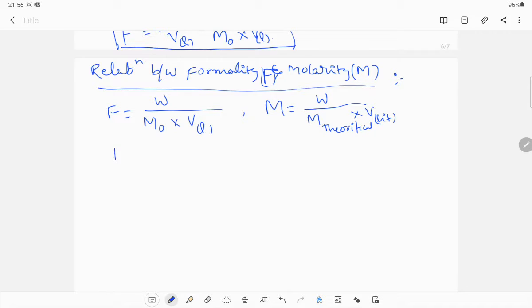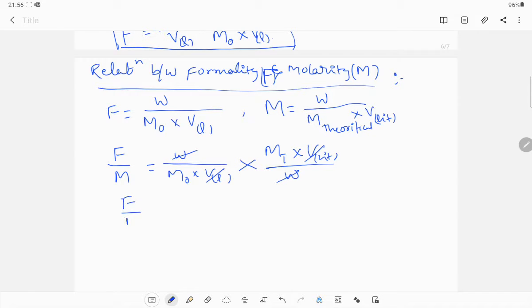Now I want to relate F by M. F by M is W by M observed into V in liters, into M theoretical into V in liters, divided by W. W cancelled, V cancelled. Now the final one: F by M is equal to MT by M observed.